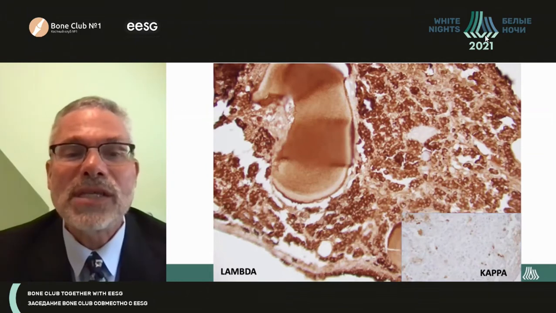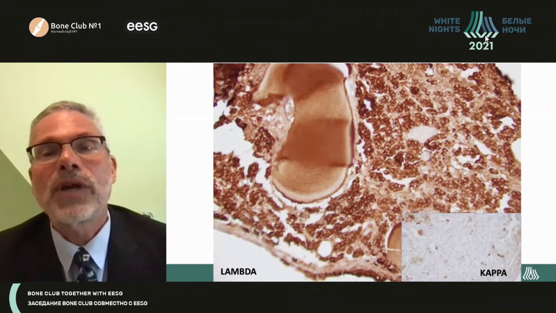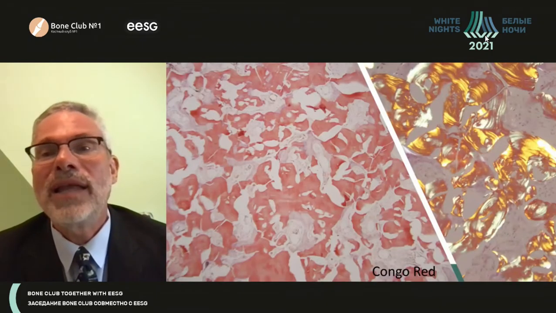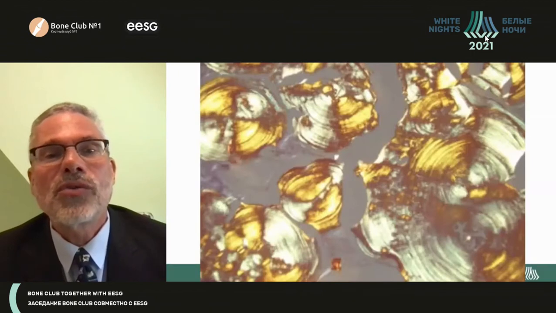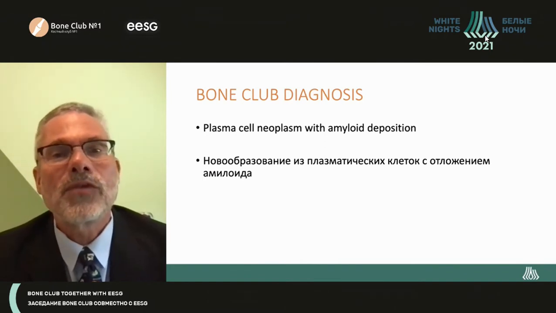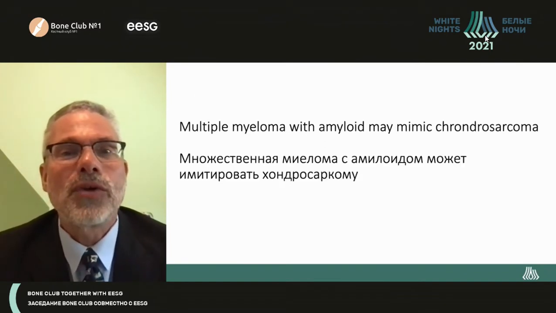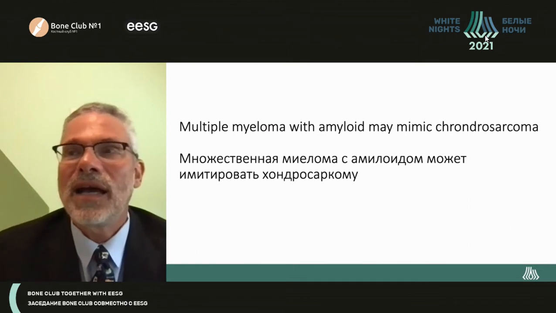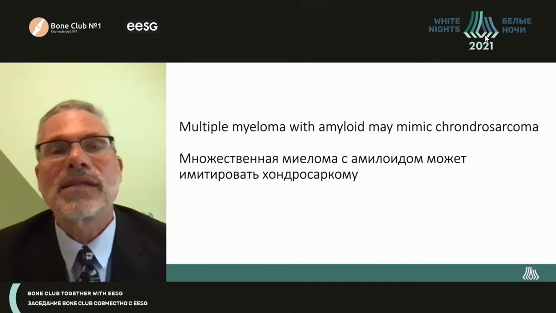This case was positive for lambda and not for kappa chains, and Congo red stains positive. So this case is amyloidosis with plasma cell neoplasm, a round cell lesion masquerading as an osteoblastoma or something else.